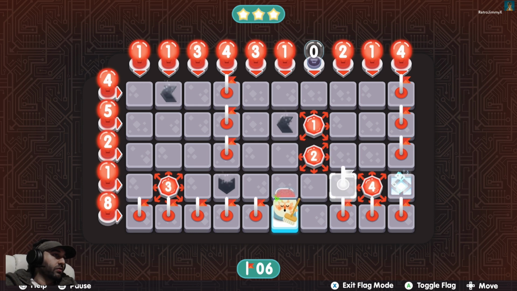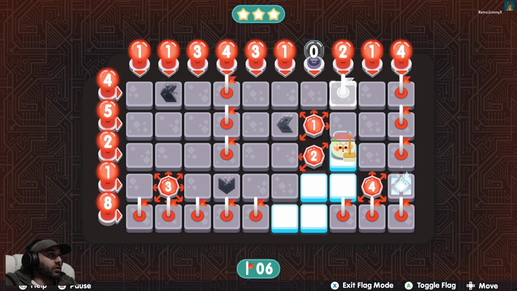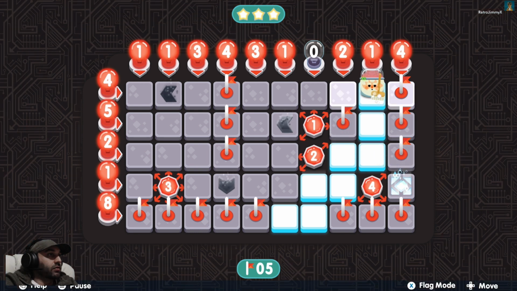Fourth one's in one of those two. It means I'm going to have to go left, doesn't it? Oh no. Yeah, it can't be there. Oh no, it's there. So my path is like that. No, there's 2 in here. So I presume my path has to be like this. Yeah.